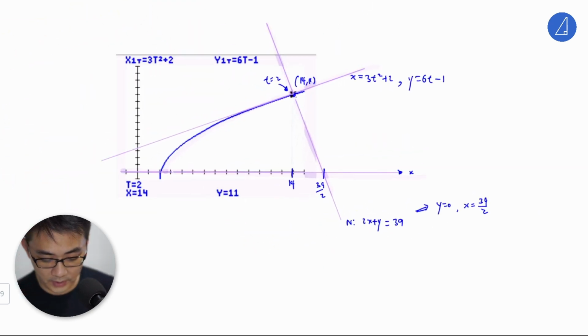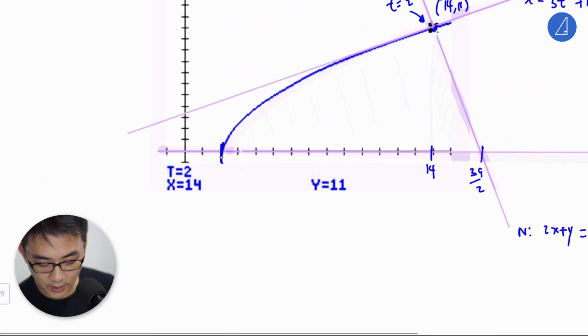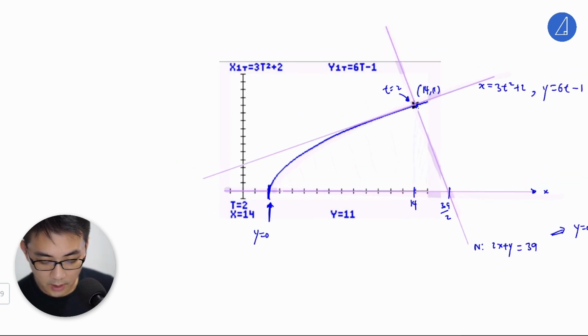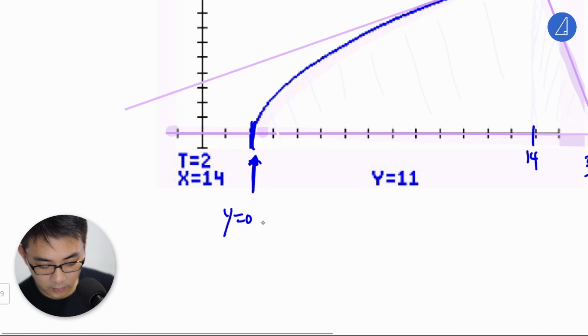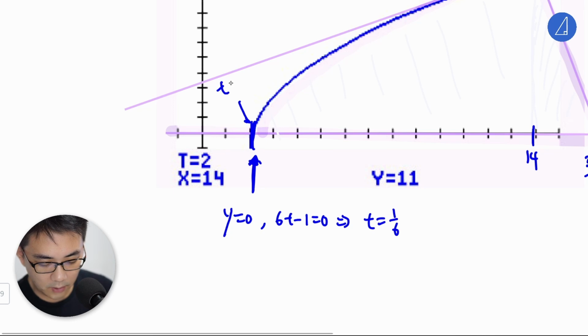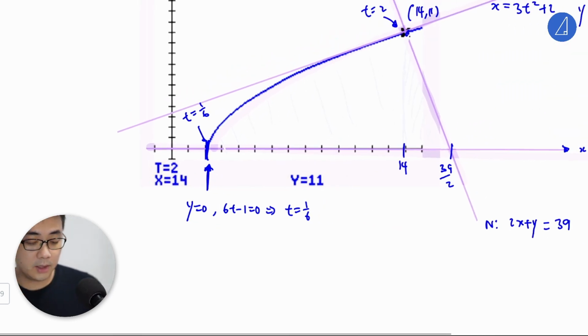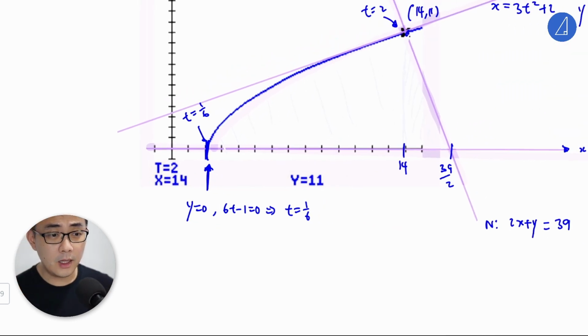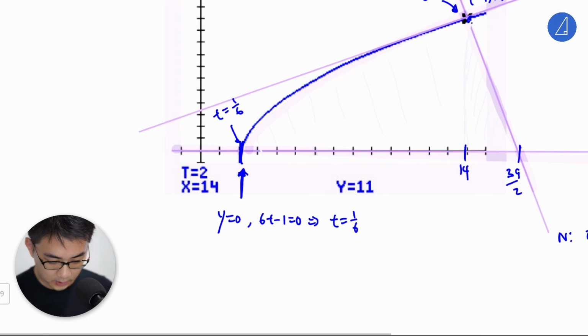Now what is the problem is actually this point here. We want to find this quickly. This is y equals 0, right? And the parametric form is 6t minus 1 equals 0. And this will give you t equals to 1 over 6. Actually, what you need is just t equals 1 over 6 here, which is the point which you need.